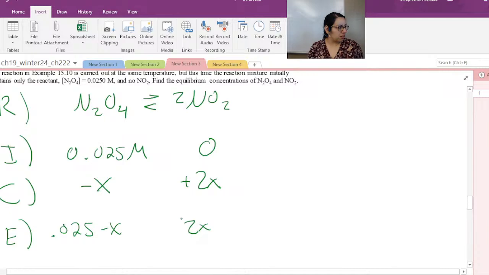And then he set up the initial conditions, and then, of course, we know it's going all the way to the product. Since we have no products, we don't have to do our Q or anything. And then we have minus x plus 2x, and solving for equilibrium. So that looks great. Does anyone have any questions up to this point?